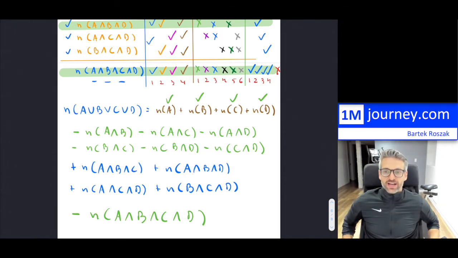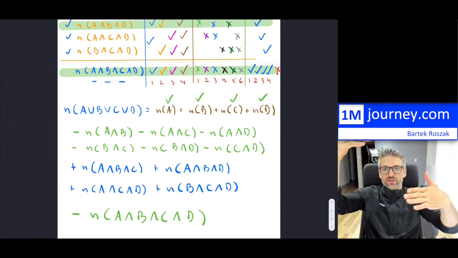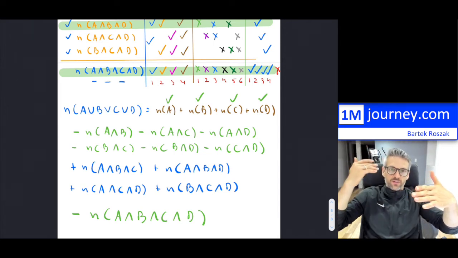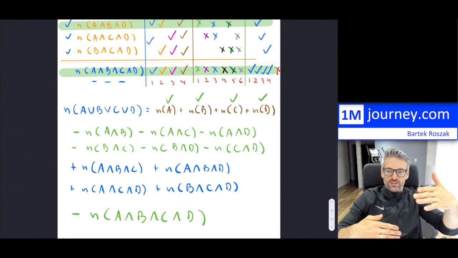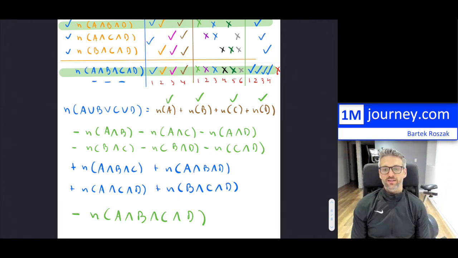And if anyone ever asks you, what if you had n subsets, how would you count the total union of items? You would just simply take the addition first, then the subtraction when they are 2 subsets of intersection, then again addition, and then subtraction until basically you're done. So that's how you would approach this.